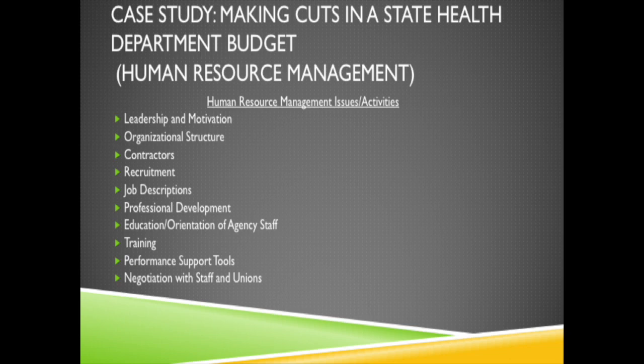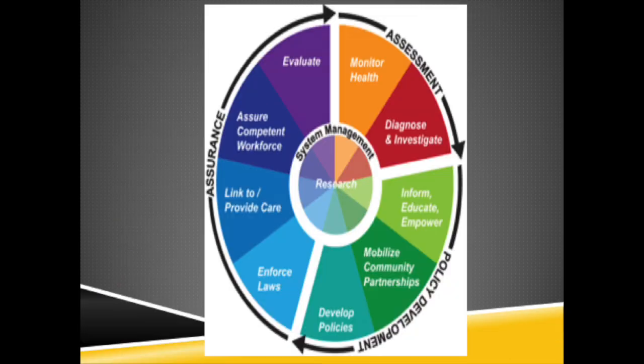These are the areas that the human resource management looks over, such as the leadership, organizational structure, contractors, recruitment, job description, professional development, training, performance support, and any type of negotiation with unions. In addition to understanding the human resource management is to also look at a systems level approach of thinking about the organization.